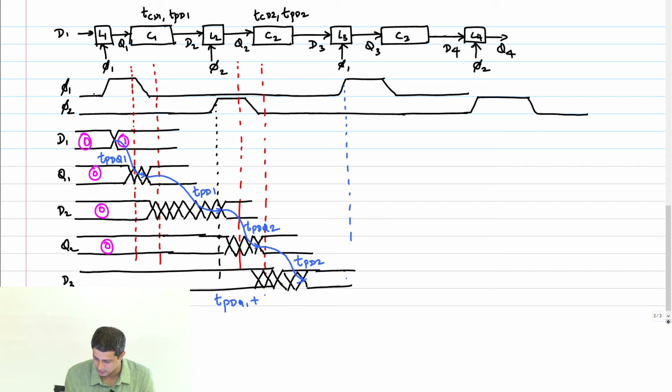TPDQ1 plus TPD1 plus TPDQ2 plus TPD2. What's the inequality? Tc should be greater than or equal to this, right? This is my max delay.